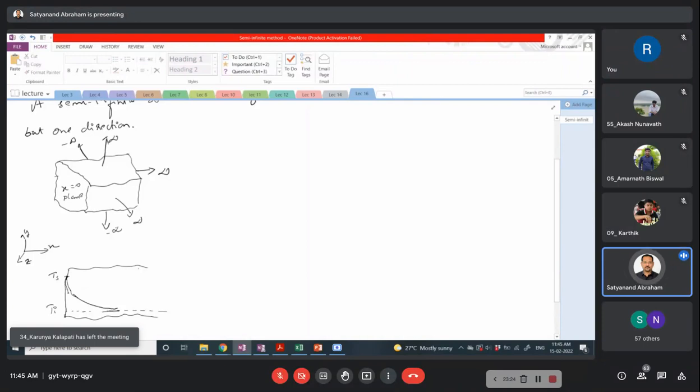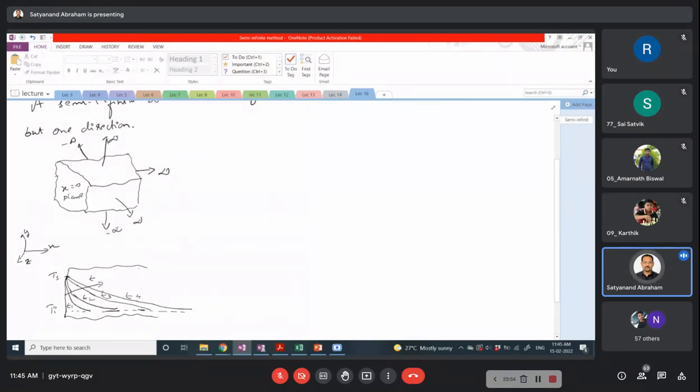As the time increases, suppose this is at time t1, and this is at time t2, and it might be something like this. Sorry, it will not be linear. Something like this, time t3, and something like this for t4. So this is how time is increasing.